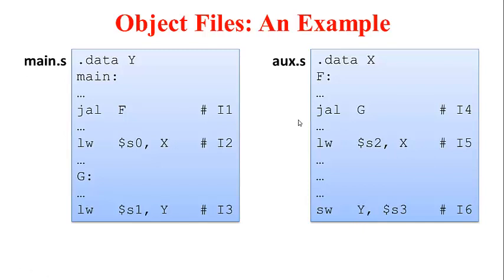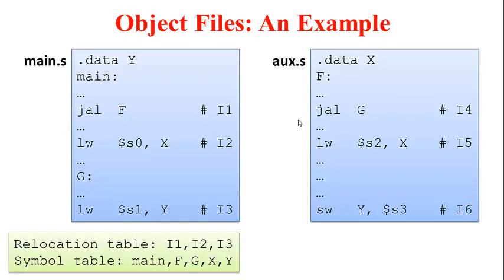So given this, what is going to be present in the relocation table corresponding to main.o? Recall that the relocation table will have a list of instructions which are unresolved at this time. Likewise, what is going to be the contents of the symbol table in main.o?